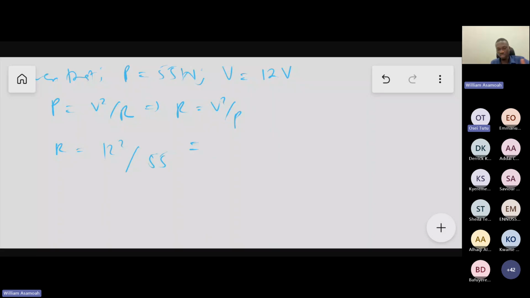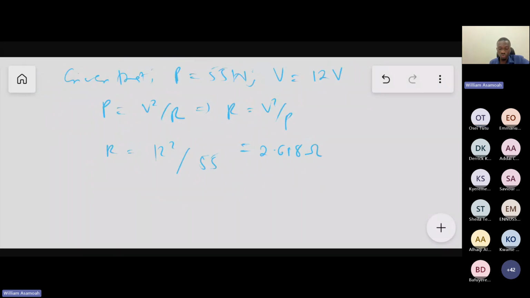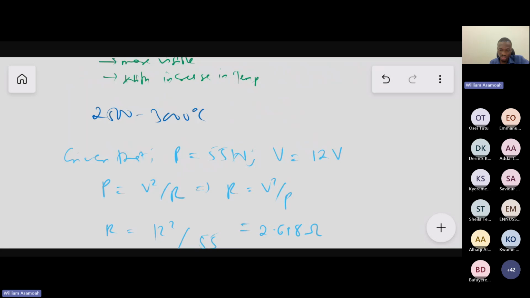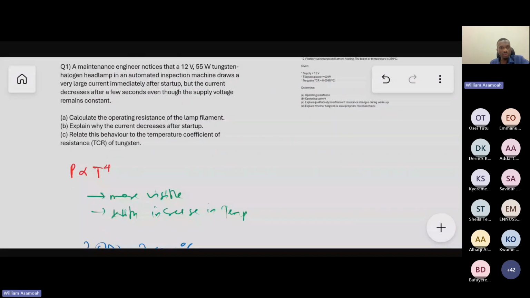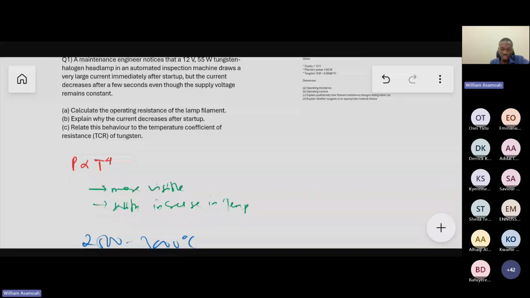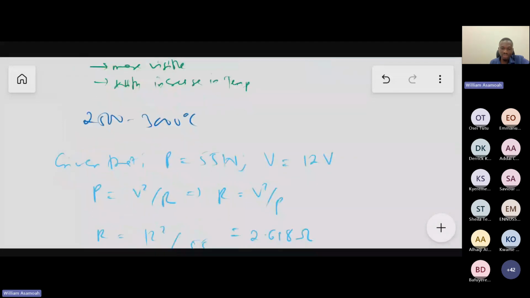What would that be? Yes, Afia Sewa. 2.618. We have 2.618 ohms. Thank you very much. So when we go back to the question, it is asking us to calculate the operating resistance of the lamp filament, right? So when it is drawing 55 watts at 3,000, because that's where it's operating, right?